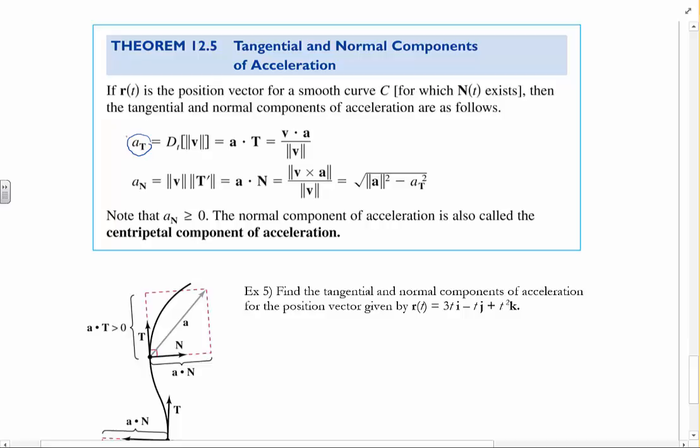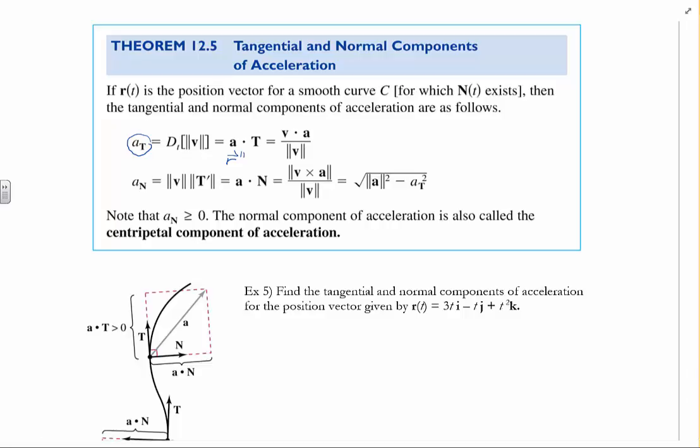In other words, the tangential component is a magnitude. It's a number, and it's the derivative of the speed, which is a square root expression. You can also get that by doing a dot T, where a is the second derivative of r. And you can also get that by doing v dot a over the magnitude of v, so v dot a over speed.